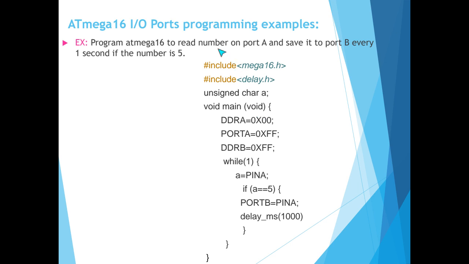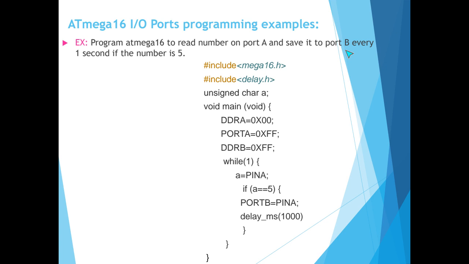For this question, all the bits of port A are configured as input, so I wrote 0x00, meaning that all 8 bits are equal to 0. Then we want to save it to port B.